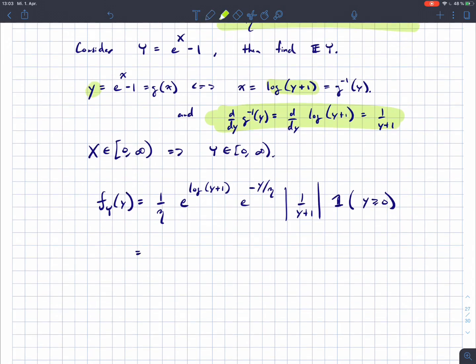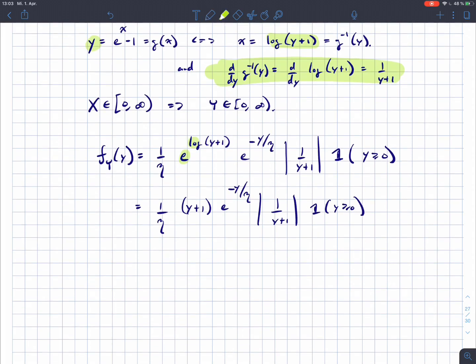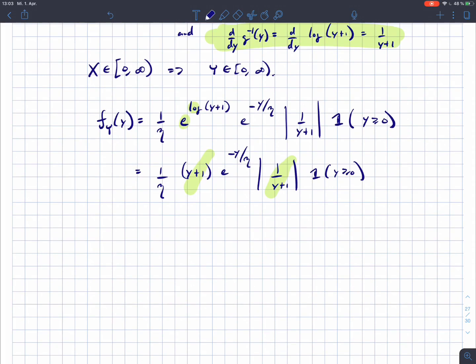The e and the log cancel each other out, so I'm going to get 1 over eta times y plus 1, e to the minus y over eta. And more things cancel. These will cancel. And so I get 1 over eta e to the minus y over eta with support 0 or more.